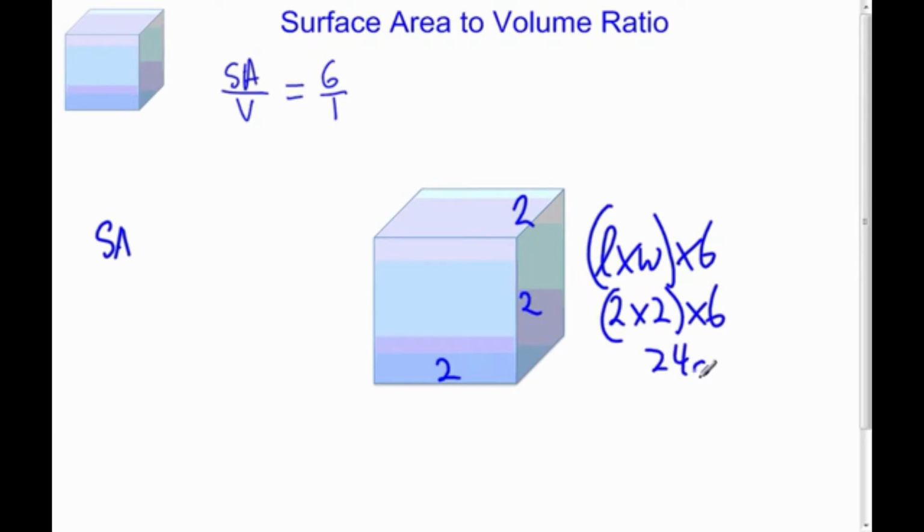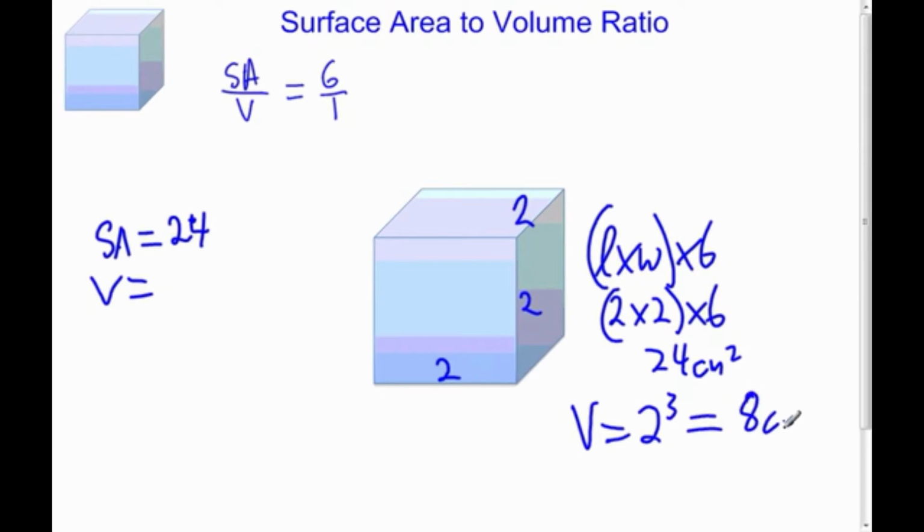So we have 24 centimeters squared. And our volume is 2 times 2 times 2, or 2 cubed. 2 times 2 is 4. 2 fours are 8. So we have 8 centimeters cubed. So we have a new ratio of 24 over 8.